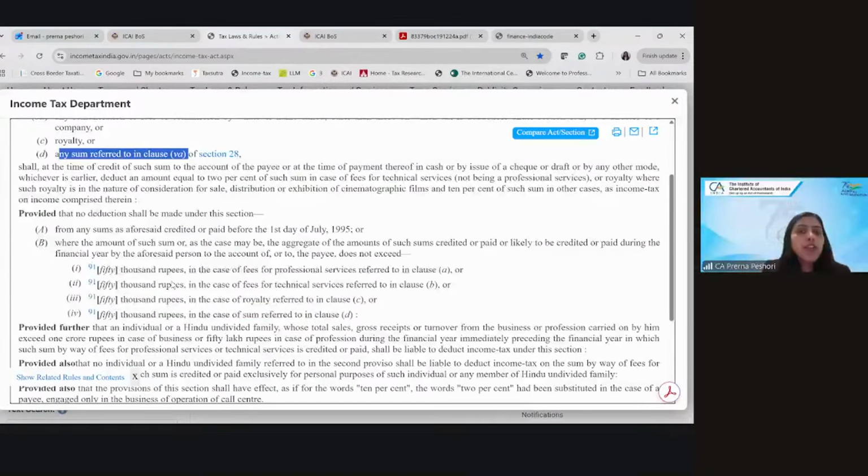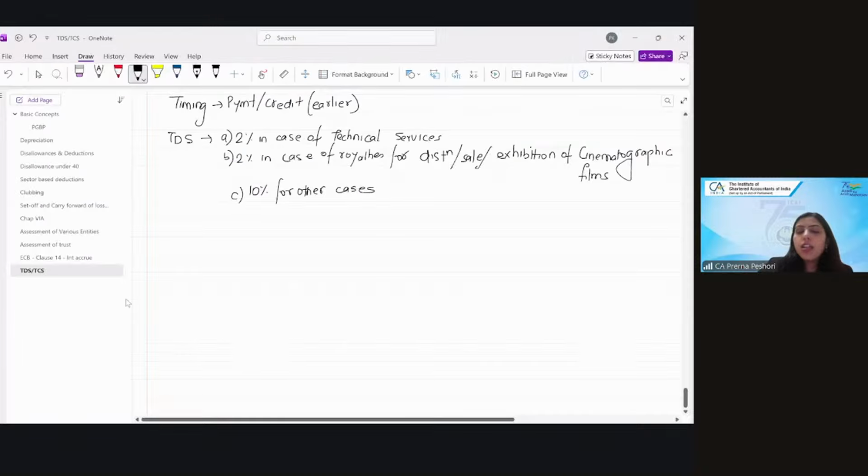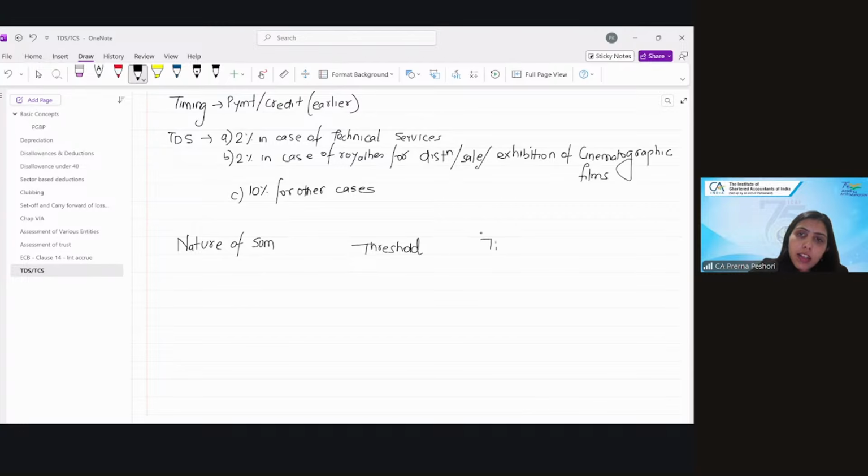So basically what they are trying to say over here is, let's make a table. Nature of sum, threshold, and the TDS. So, technical services, 2%.